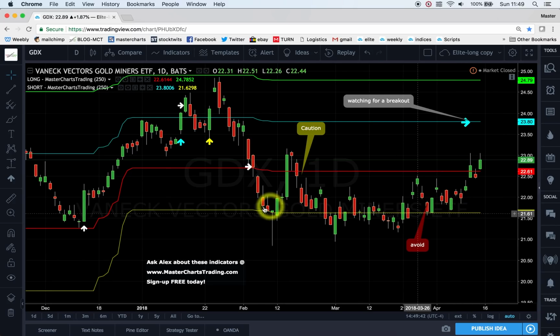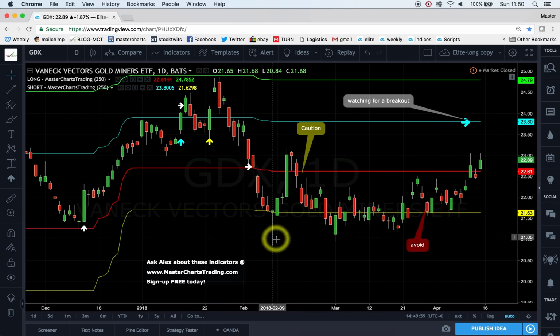For me to become interested in this chart, I would like to see a close above 2380 currently. Or I would just basically avoid it, because I'm concerned about the way GDX, the miners, are behaving.